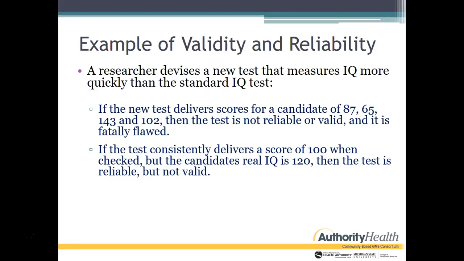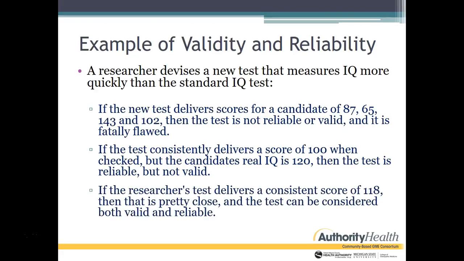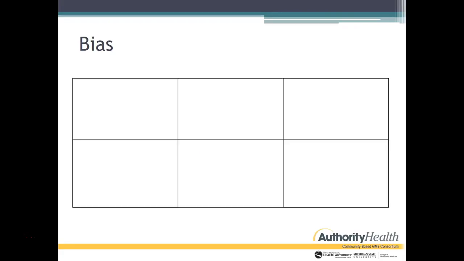Its repeatability of the same results is great, but it's not valid because it's not measuring what it's supposed to. However, if the researcher's test delivers a consistent score of 118, that's pretty close, so the test could be considered both valid and reliable. So that's just an example.